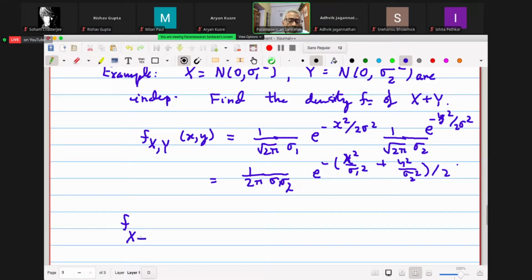So f of x plus y of z is equal to integral minus infinity to infinity of f of u, and I'm going to write the same thing here. So this 1 by 2 pi sigma 1 sigma 2 I will write outside. It's going to appear here again anyway.